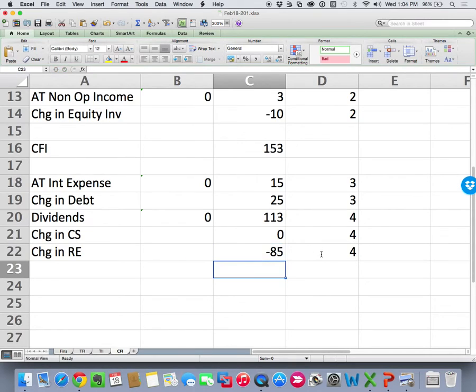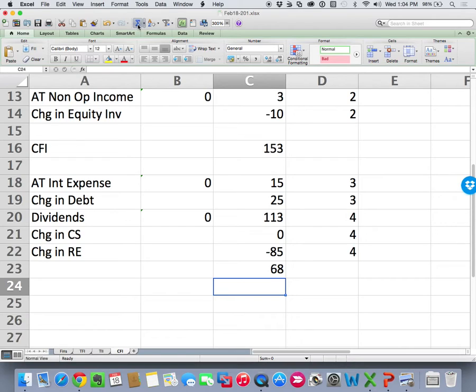Those were the fours on the balance sheet, so now I can sum these items up, and I should get the same 153 that I got on the other side of the statement. So my statement balances. Yes? Change in retained earnings is negative because it's in retained earnings and not paid out. Well, yeah, exactly. I'm increasing my equity. That's why it would be a negative account number.